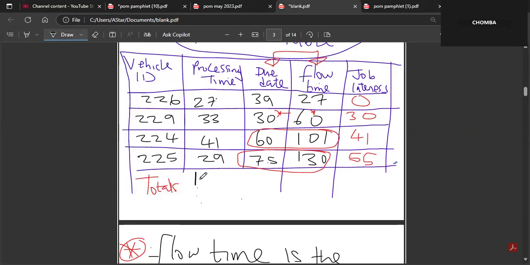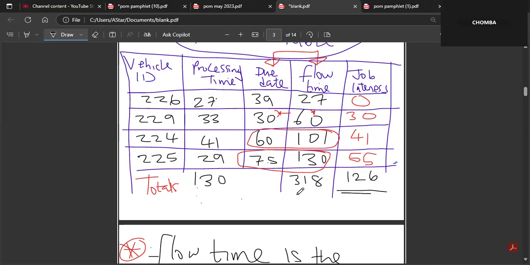So the total is 130 here. The total for this one, let's add 27 plus 60 plus 101 plus 130. The total is what? 318. What's the total for the lateness? 30 plus 41 plus 55 is 126.